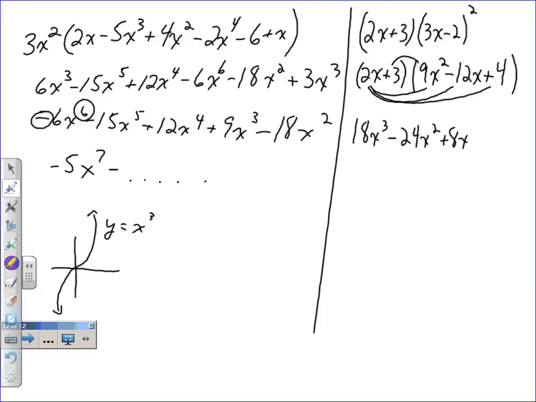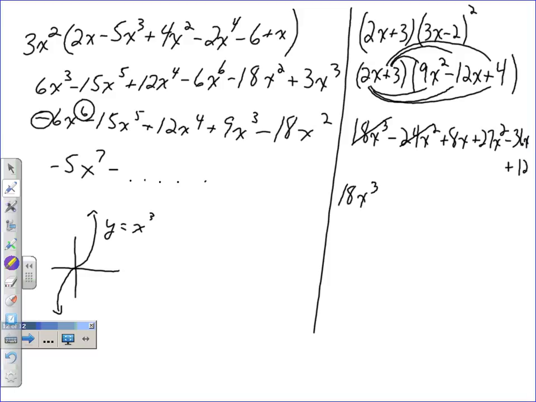And then I have 3 times 9x squared. That'll give me 27x squared. 3 times negative 12x, negative 36x. And 3 times 4, which is 12. Combining like terms, 18x cubed.